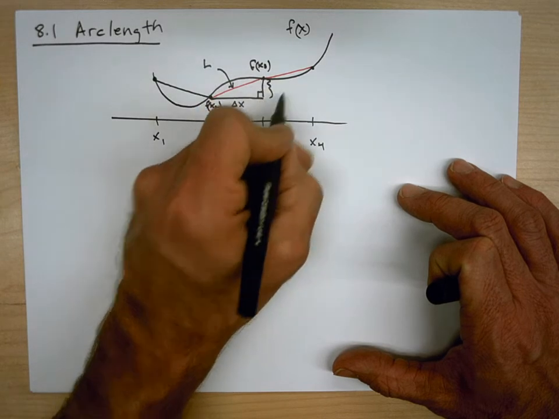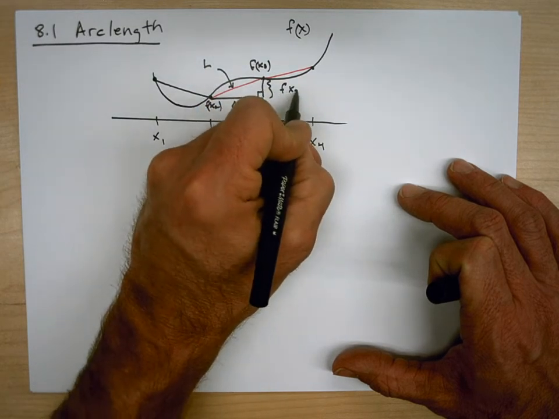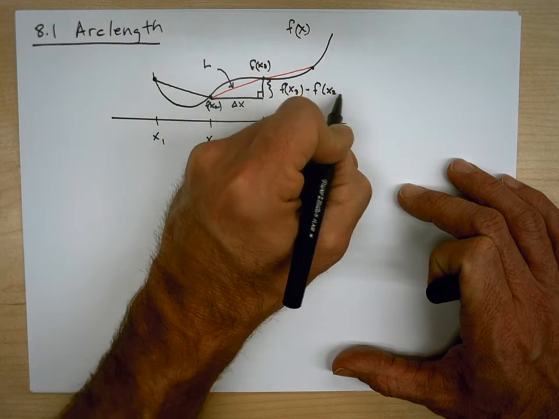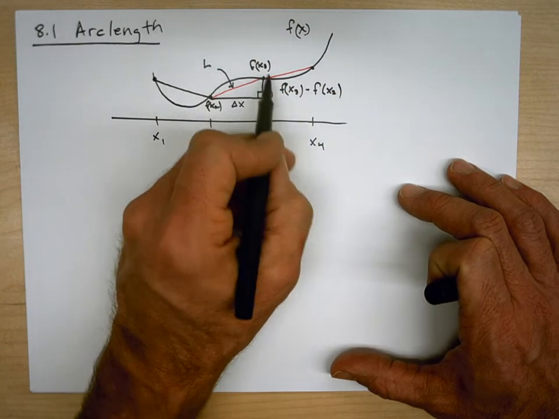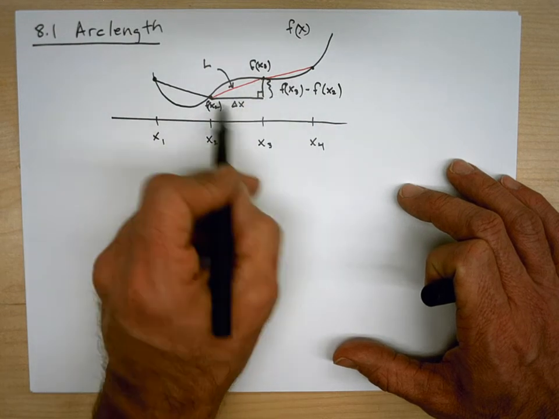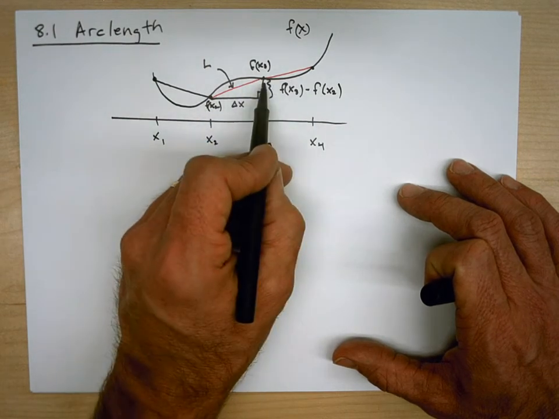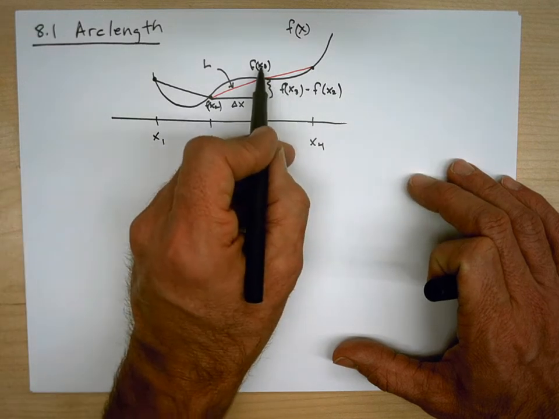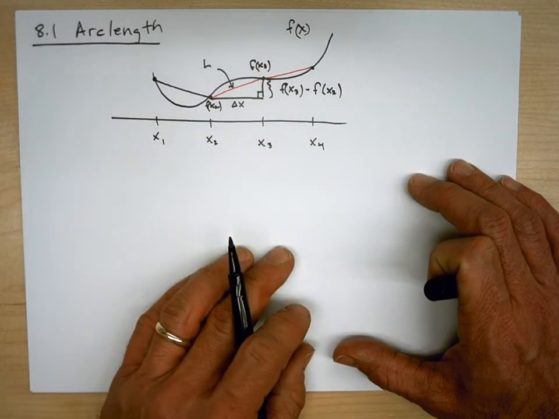So this vertical distance is f of x3 minus f of x2. We don't have to assume that f of x3 is bigger than f of x2; we could take an absolute value.